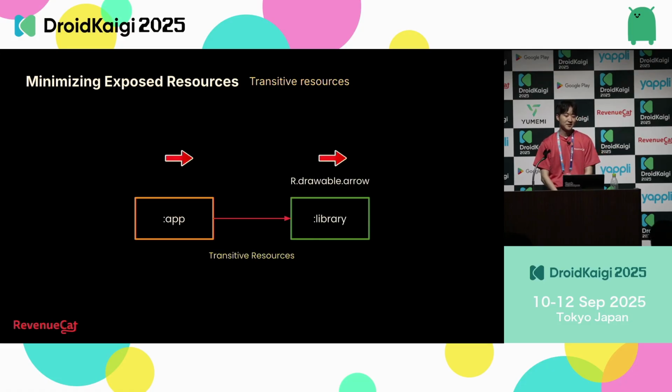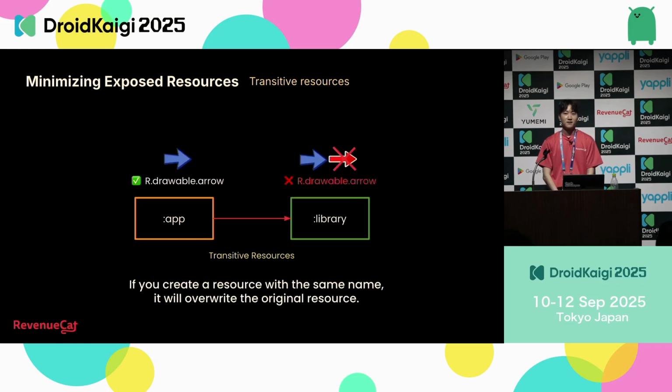And now let's see another example. Imagine your library contains an arrow image file under the drawable directory. And the library users can access and use the same resource because it comes from your library. However, if library users create a resource with the exact same name, like arrow, it will override the original resource from your library.